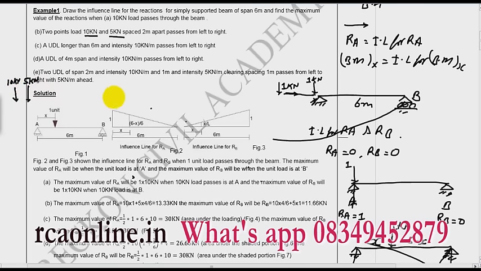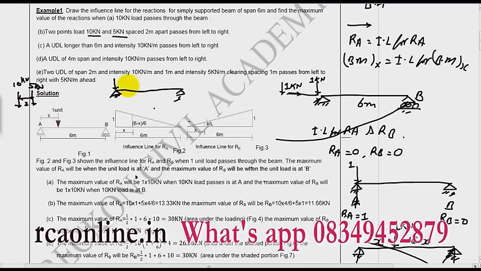And I have to find the maximum value of RA when they are moving from left to right. So they are moving in this direction. So what will be the case? We will have the maximum value of RA when the 10 kilonewton load is at the support and the 5 kilonewton load is 2 meters away. So this is the condition of maximum RA.